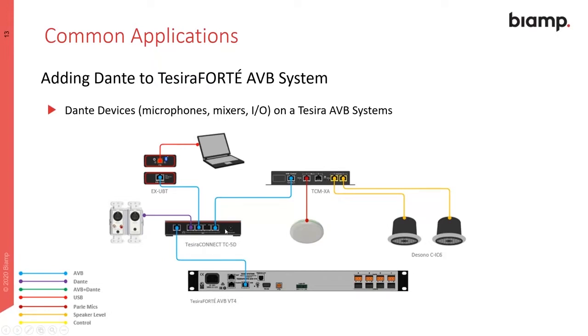So what you have to do is only change the module to the TC5D. So you will have Dante connectivity in your system, and with the Tesira 40 DAN, you will get 32 by 32 channels. So we support a maximum of 32 by 32 channels in the TC5D. So this is a good example to use the TC5D.